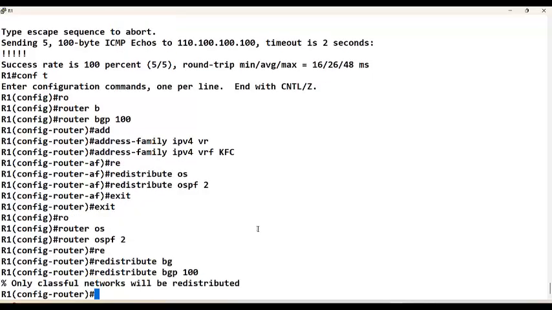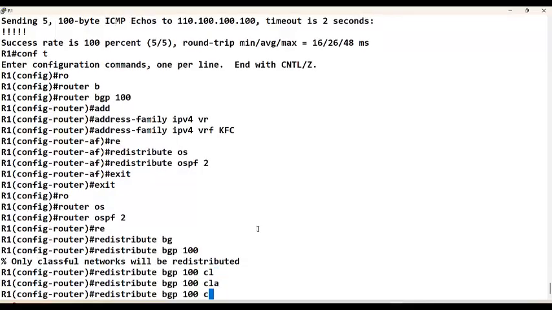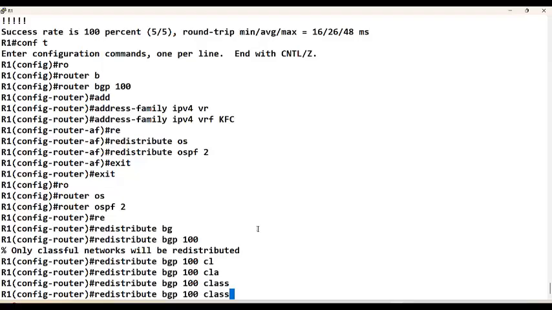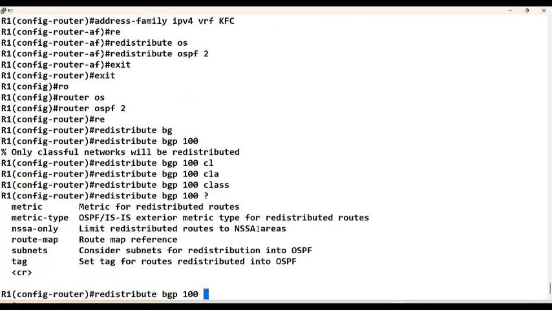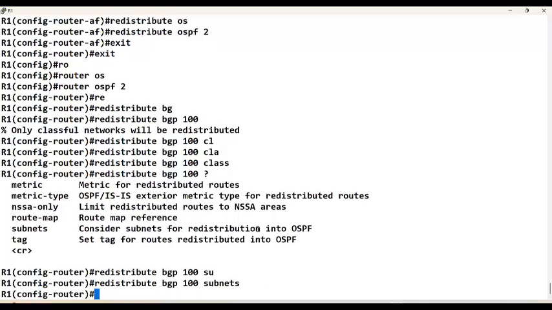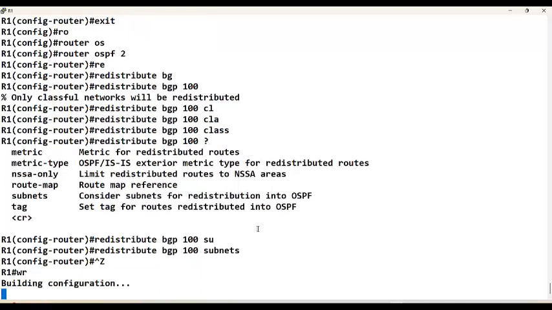Oh, sorry, subnets. Redistribute BGP 100 subnets. Okay, what is next?